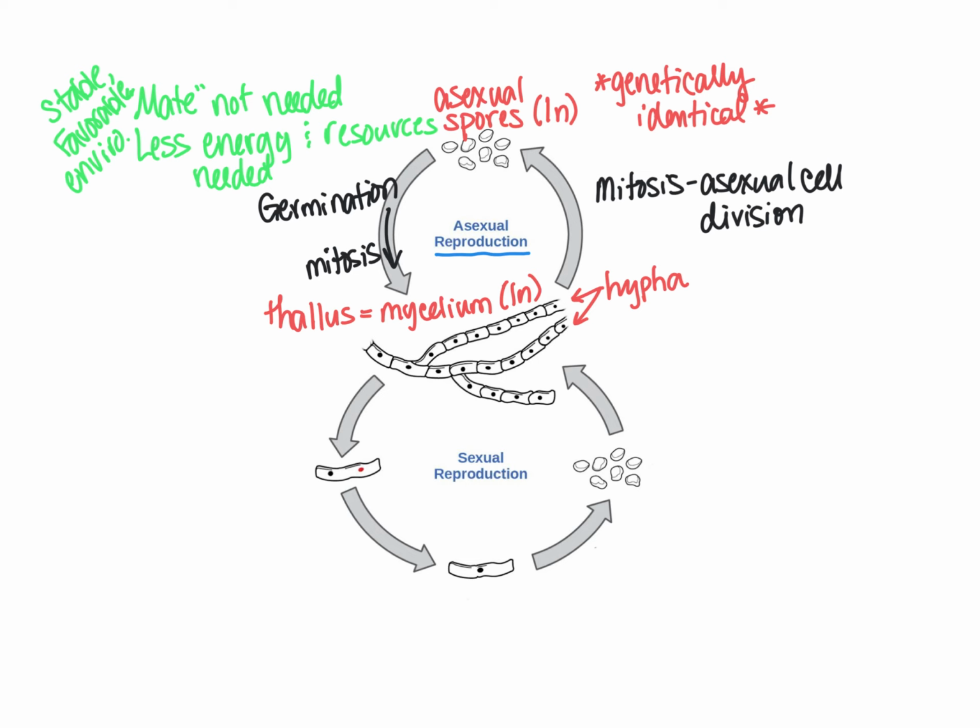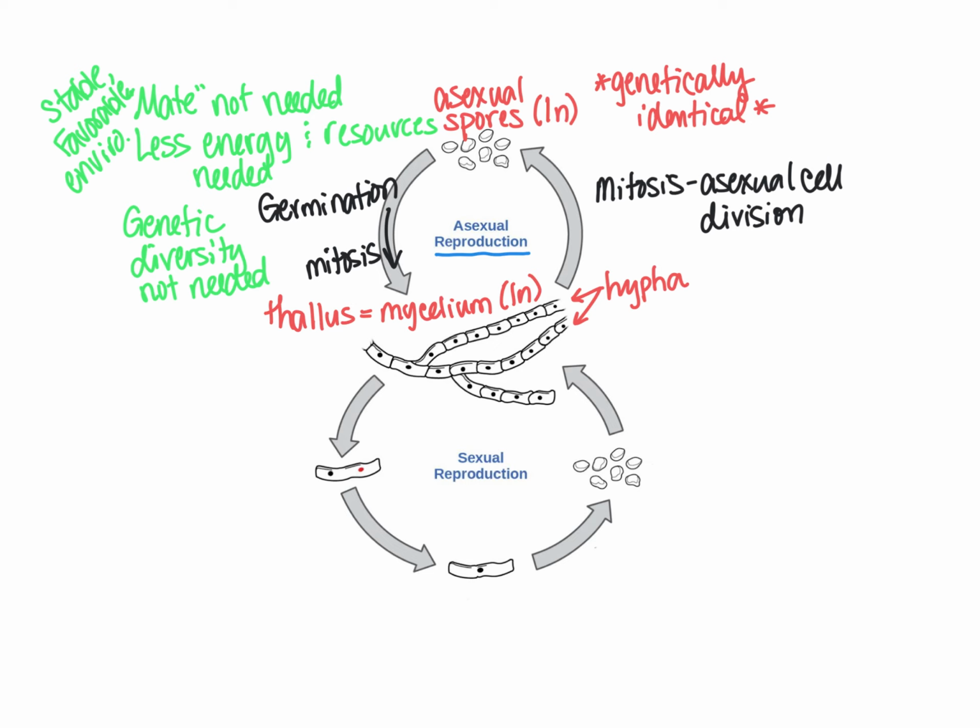The genetics that are already there are working just fine. And it might actually be beneficial to the population to not have genetic diversity because the genetics currently in the population might be the best genetics for that environment at that time.